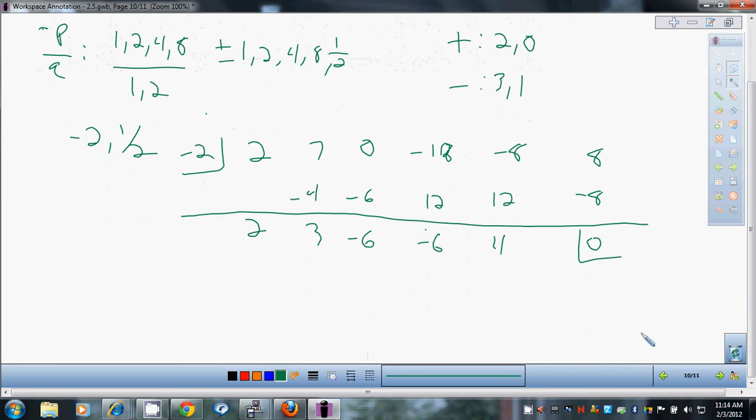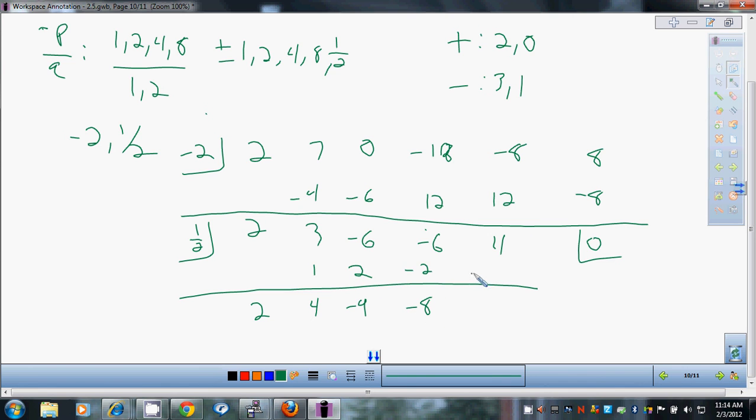Alright, now I'm going to take out 1/2. Drop the 2, drop the 2, and -4. So our depressed polynomial at this point is 2x cubed plus 4x squared minus 4x minus 8. That'll factor by grouping right there. But I'm very upset about, I wonder if I punched it in the calculator wrong.